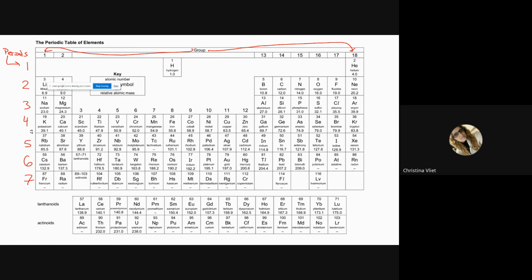What about the groups for 57 to 71 and 89 to 103? So 57 and 89 would be here, right? And then these technically don't have their own group in this version of the periodic table.